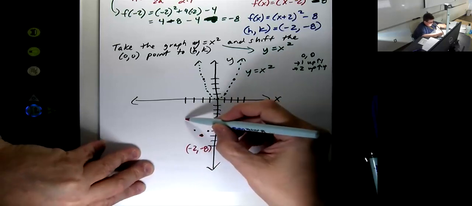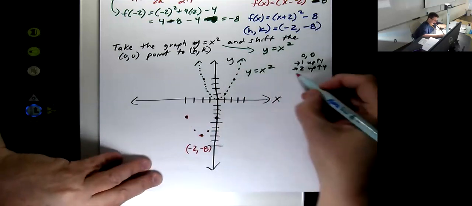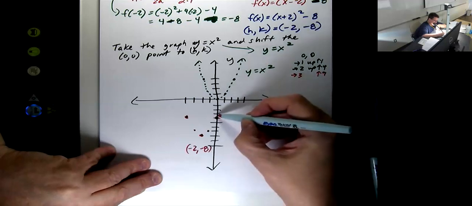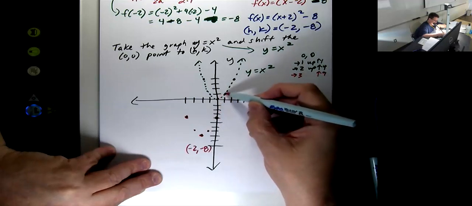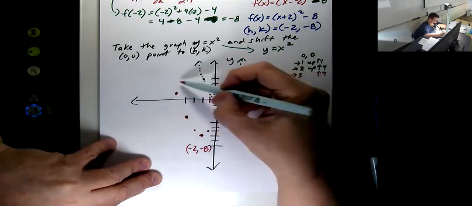And we can use a little bit of symmetry. If we want to, we could go even further. Right 3, up 9. 2, 3, 4, 5 more over, puts a point right there. Another point right there.